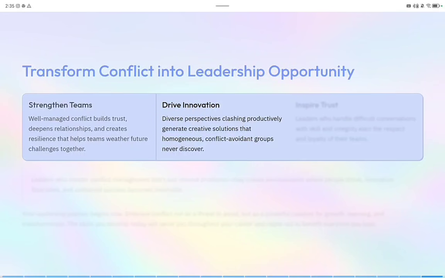Diverse perspectives clashing productively generate creative solutions that homogeneous, conflict avoidant groups never discover. Inspire trust. Leaders who handle difficult conversations with skill and integrity earn the respect and loyalty of their teams. So do inspire that trust.